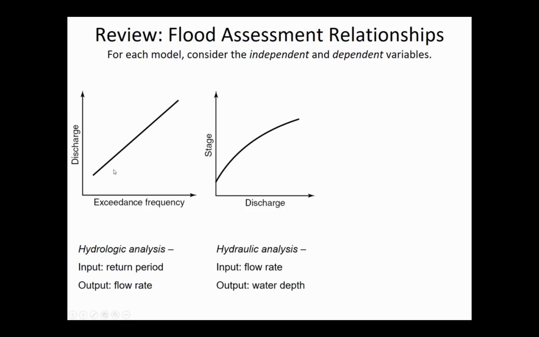And then you take that flow rate and you put it into another model, the hydraulic model. The way that you'd create this curve is you'd take a program like HEC-RAS, or you could do the calculations manually.